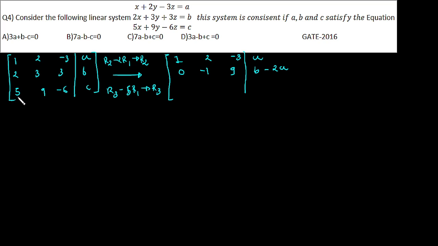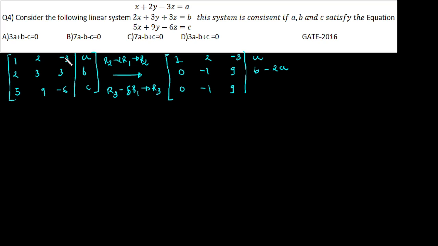Now in the third row we are getting minus 5 from the first row and we have plus 5, so we are getting 0. And here 9, and we are getting minus 10 from the first row and we have plus 9, so we are getting minus 1. Again we are getting plus 15, we have minus 6 there, so we are getting 9.